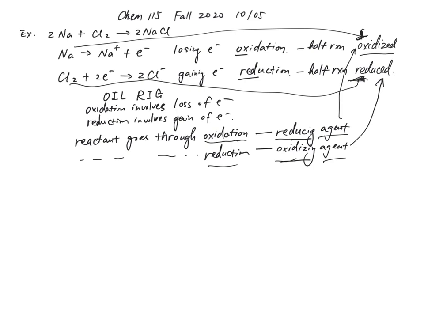If you can tell that this particular species lost electrons, then you know that it is oxidized, it is your reducing agent, and vice versa. So how do we determine whether electrons change hands? How many electrons change hands?